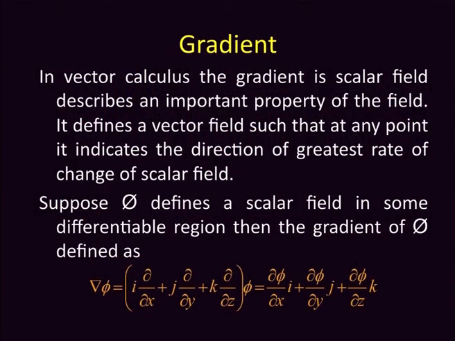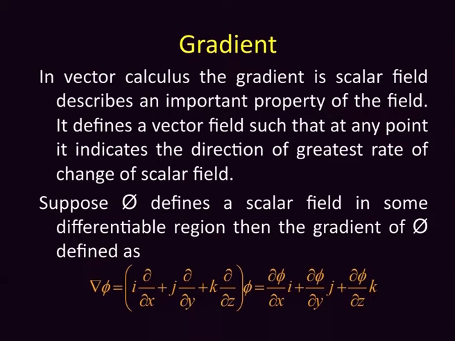Now I will explain to you the entity of vector calculus named gradient. In vector calculus, the gradient describes an important property of a scalar field. It defines a vector field such that at any point it indicates the direction of the greatest rate of change of the scalar field.